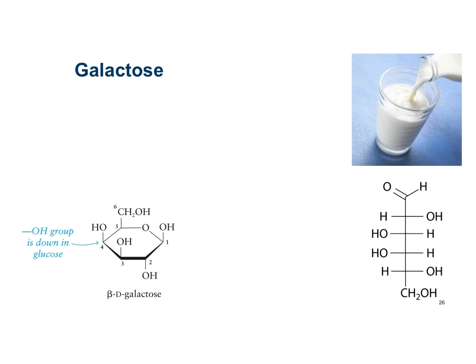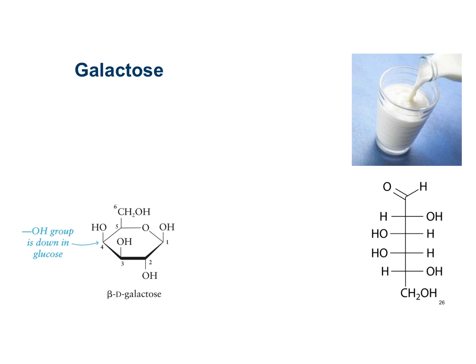The only difference between the two is the orientation of the hydroxy group attached to carbon 4 here. The OH here is down in glucose, and for galactose, that OH is up. This is the open chain form of galactose, and this is the ring form of galactose.